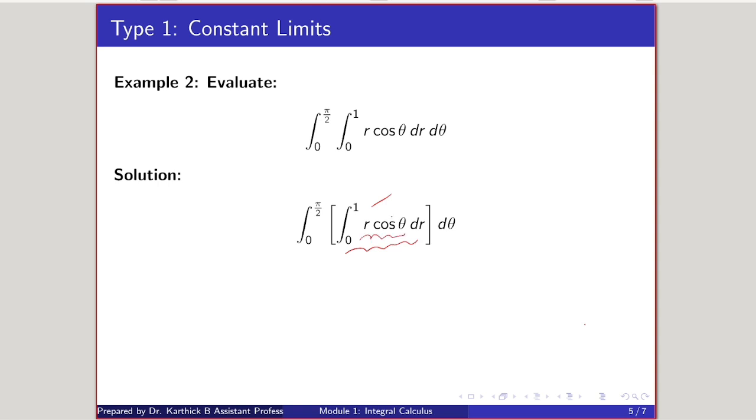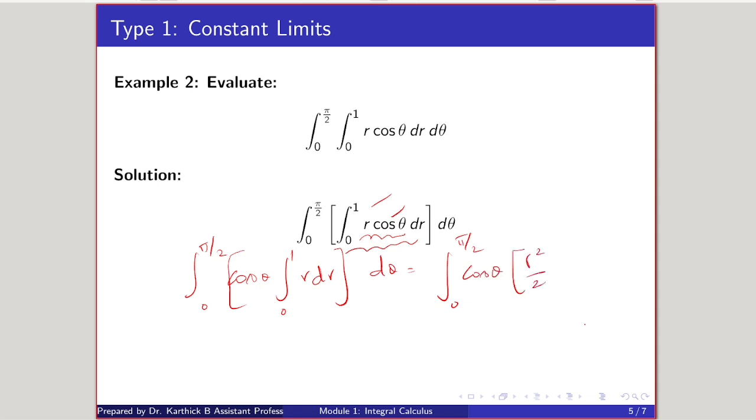With respect to r, the theta term becomes a constant. So we may keep this cos theta before the integral r dr and d theta. Then 0 to pi by 2 cos theta, and if I integrate r, it becomes r square by 2 from 0 to 1, then d theta, from 0 to pi by 2.